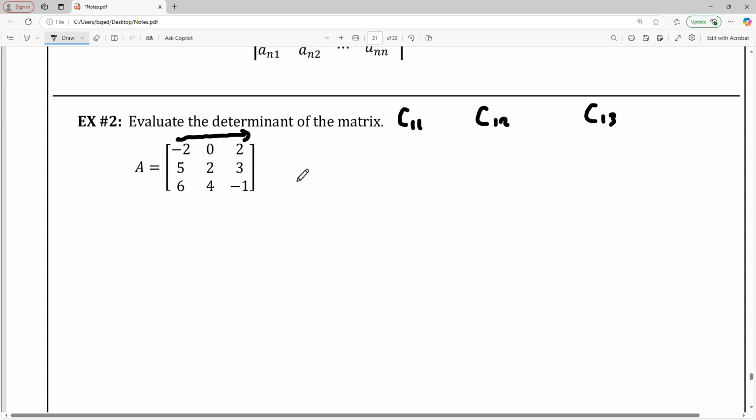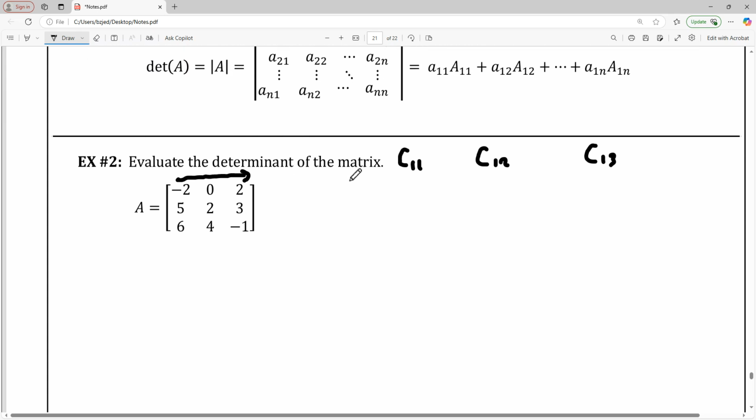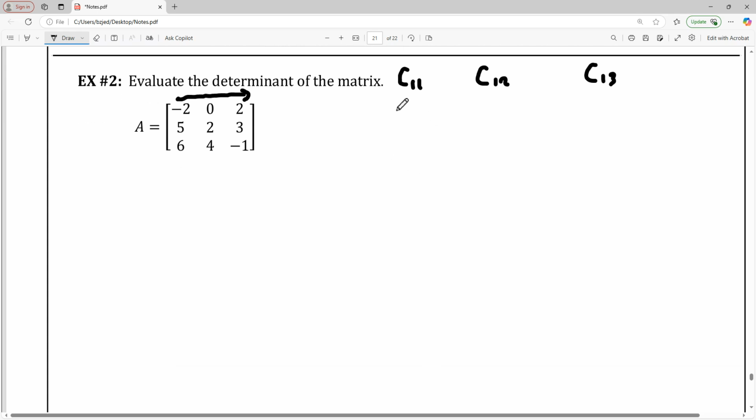I need to find those three cofactors, and then I need to multiply them by the elements in each spot. So to not make this harder than it has to be, to find cofactor 1, 1, the first thing we need to do is find minor 1, 1.